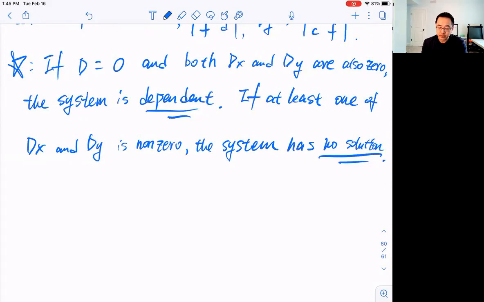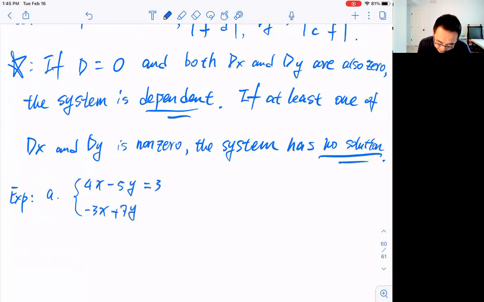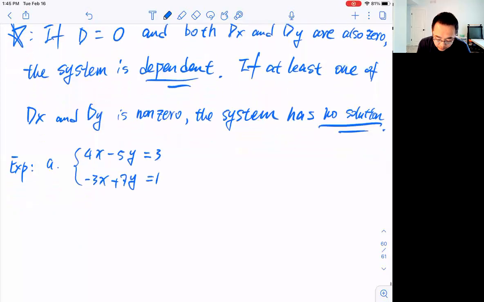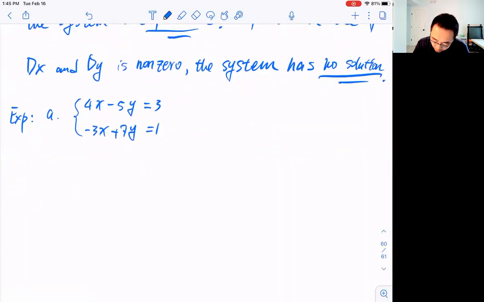Okay. All right, so let's look at some examples again. Okay, so let's say that, first example, I have two equations where it's 4x minus 5y equals 3, negative 3x plus 7y equals 1. And then solve this using Cramer's rule. Okay, so well, we know Cramer's rule says x equals dx over d and y equals dy over d. So, okay, let's look at it.